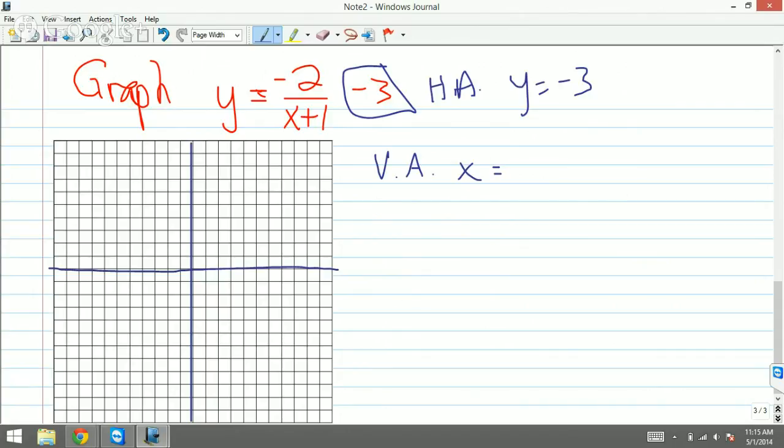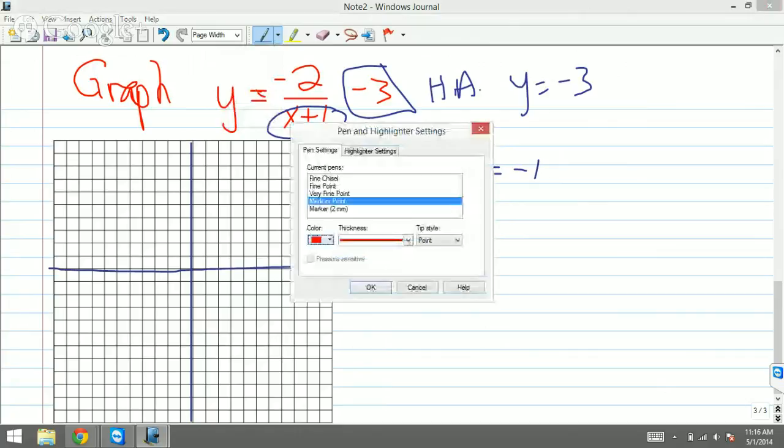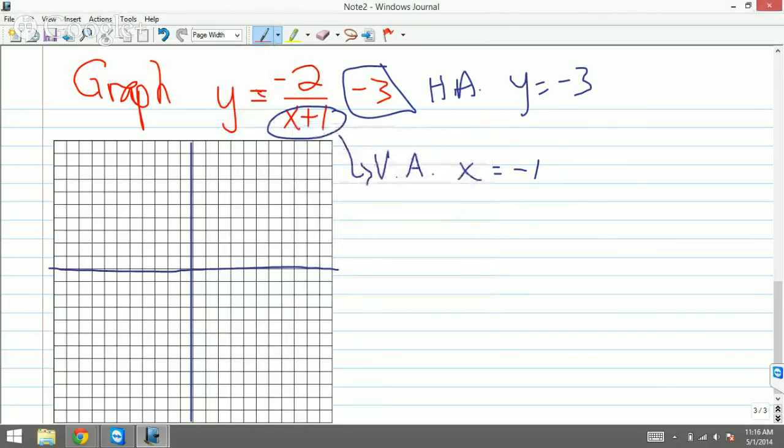The denominator of that fraction needs to be, what can't we divide by? 0. Okay, so what makes 0? Negative 1. Yeah, but you were guessing. So negative 1 plus 1 is 0. That's our vertical asymptote. Does it always have to be 0 on the bottom? Yes.